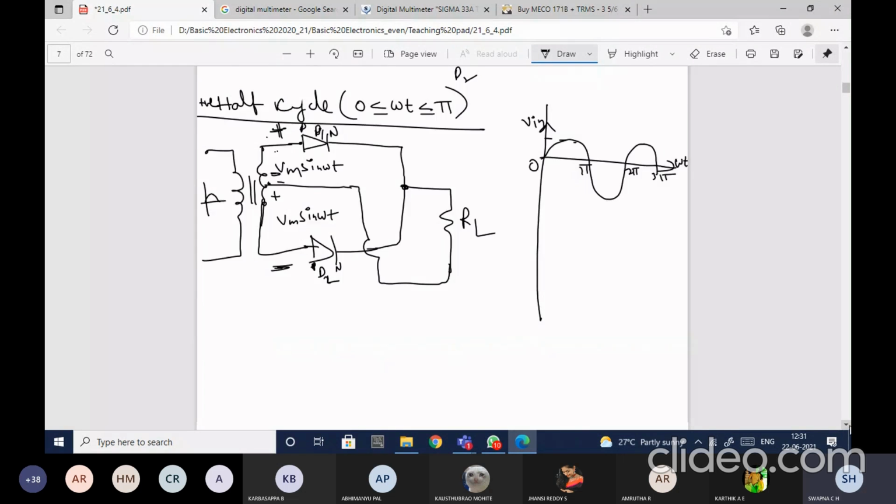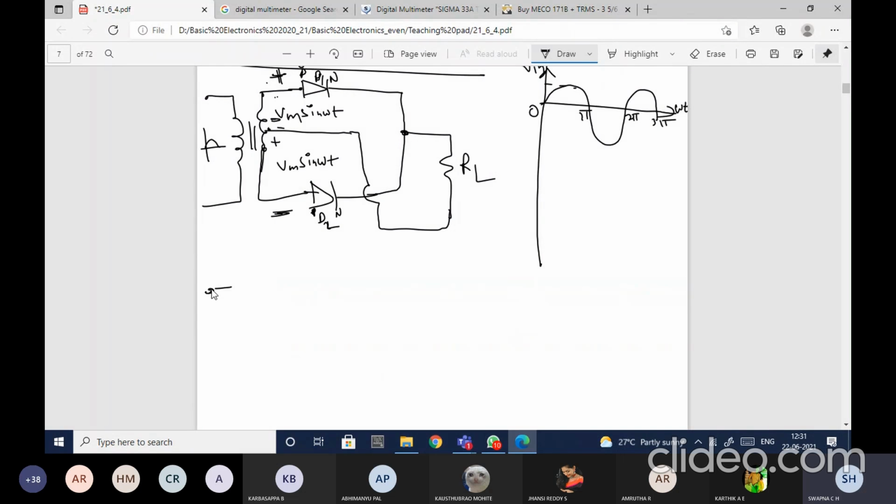So let me just replace the diodes. Diode D1 is forward biased.